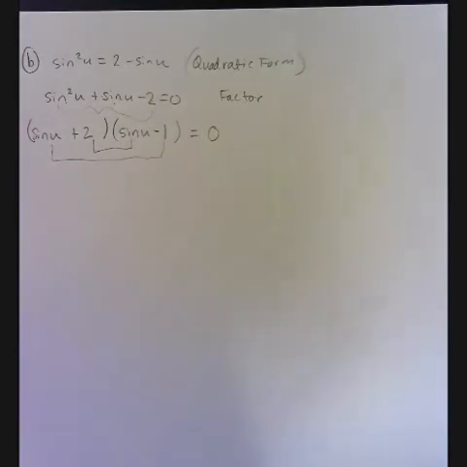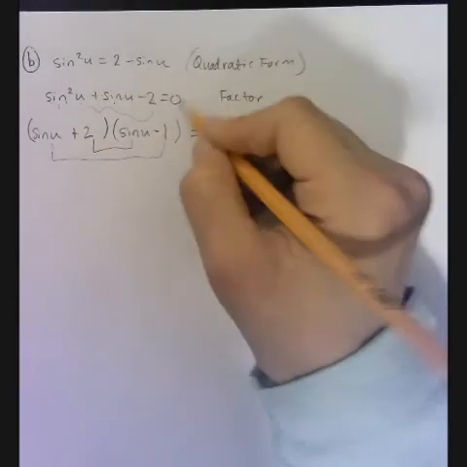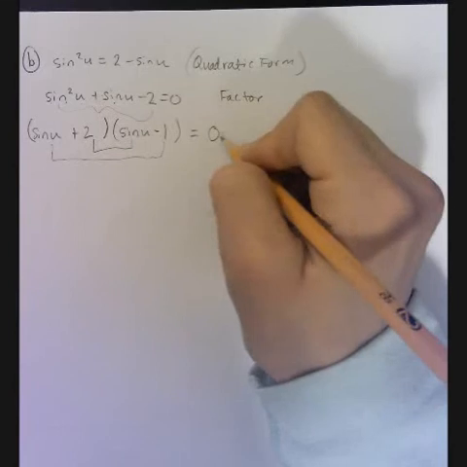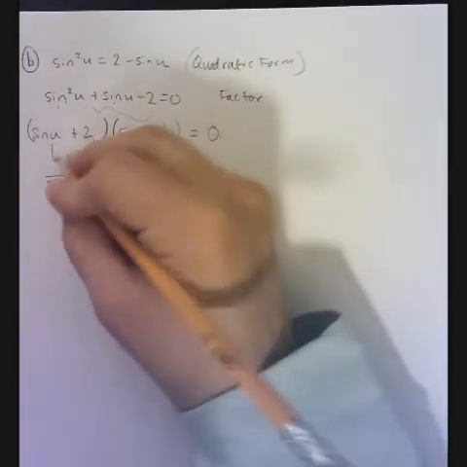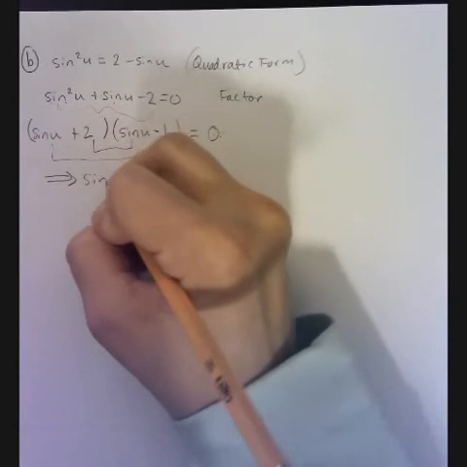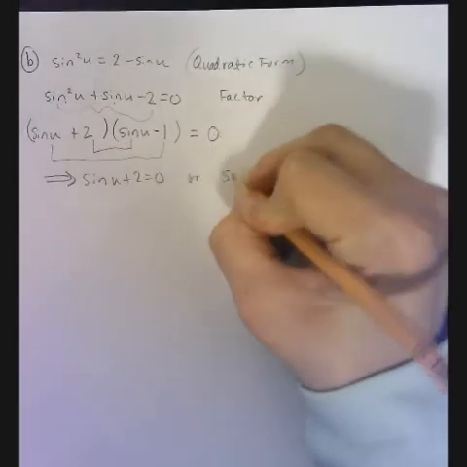Alright, so the reason we factored is now we can set each factor to 0, right? And this has to be a 0 here for this to work. If this isn't a 0, we can't make the following conclusion: that the first factor is equal to 0 or the second factor is equal to 0. Right?